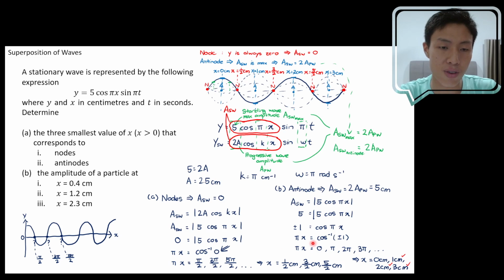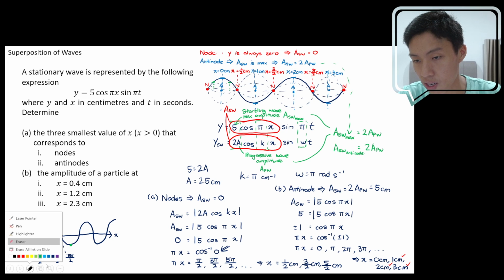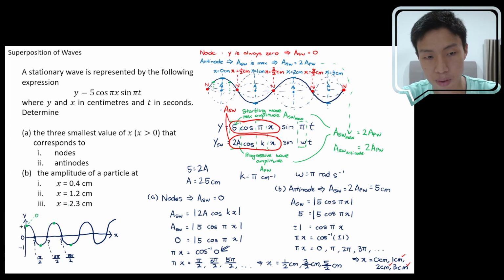Okay, same for this one. If you do inverse cosine of plus minus 1, plus 1 is over here, minus 1 is over here. So where do you find plus and minus 1 for your y? You find it here, you find it here, you find it here, you find it here. This one will be 0, which is the first one that we wrote over there. But you also have pi.